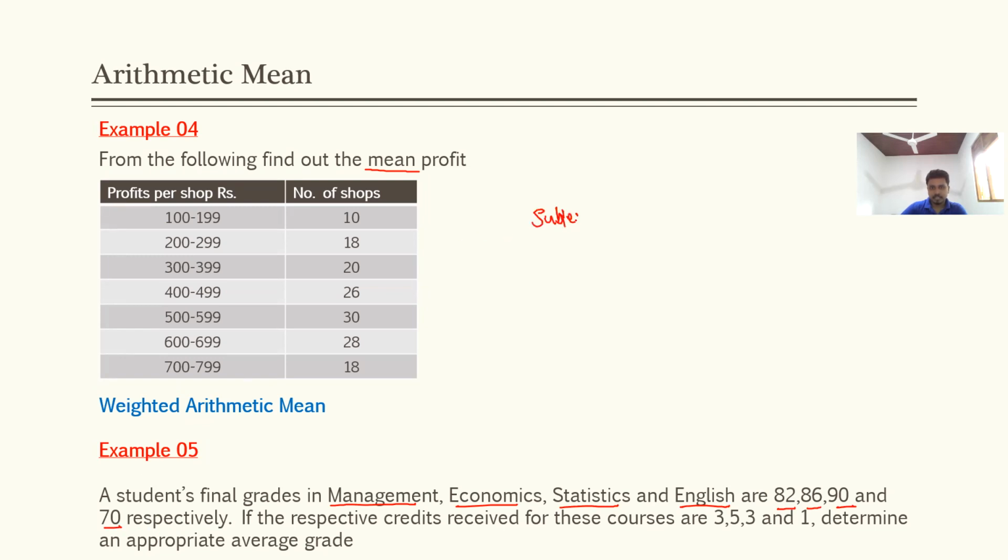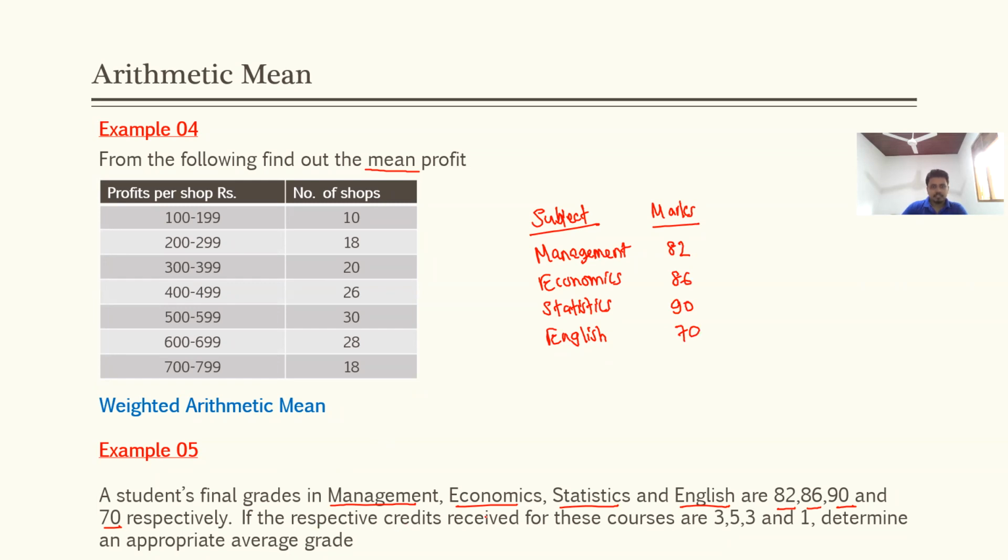I will write it like this: subject, management, economics, statistics, English. Right? And the marks obtained: for management 82, economics 86, statistics 90, English 70.